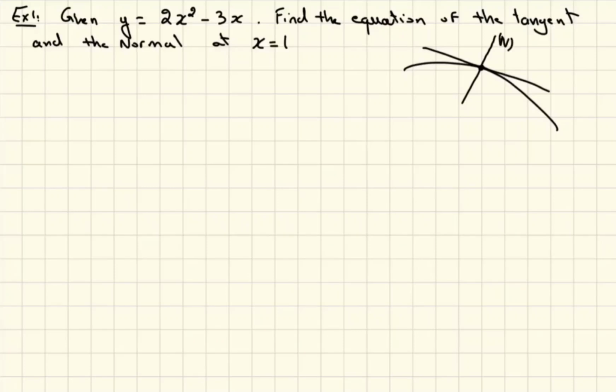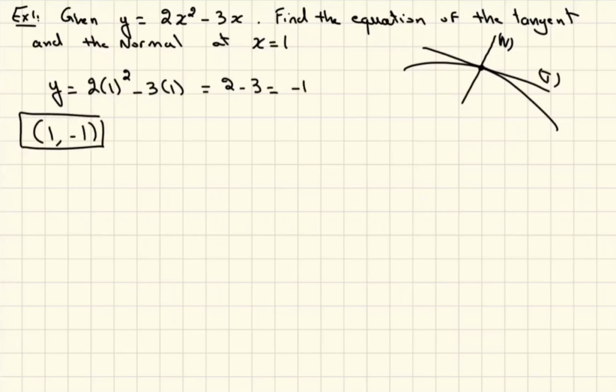So we're talking about the same point, and it's very helpful for us to find the coordinates of this point. Now, how do I do that? If x equals 1, because this point belongs to the curve, I can substitute the value of x we have. So in this case, we get 2 minus 3, which is -1. So I know that I'm working with the point (1, -1).